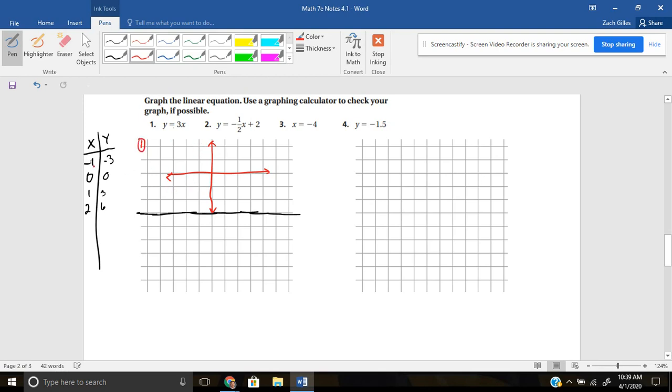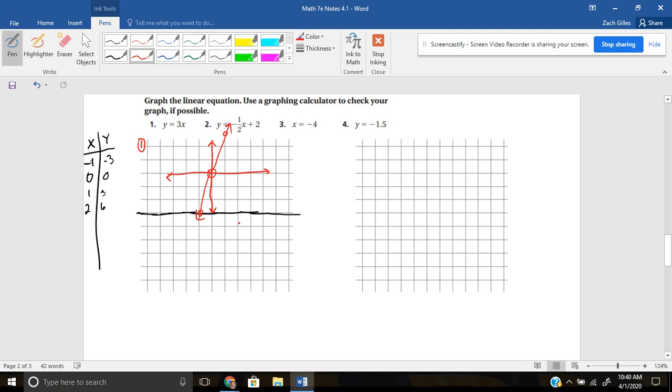Okay, so the point -1, -3 would be -1, then down 1, 2, 3. The point 0, 0 would be right here. 1, 3: over 1, up 1, 2, 3 would be right here. So you can see that my line is going to look like that.